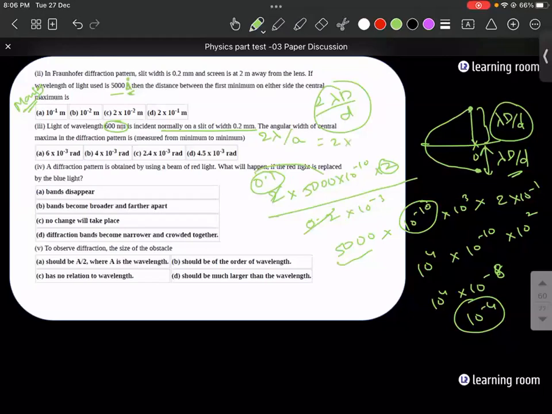So 2 into lambda is how much? 600 into 10 power minus 9 by a is how much? 0.2 into 10 power minus 3. So this will go 0.1 times, 60 into 10 power minus 6, and this should be the answer.